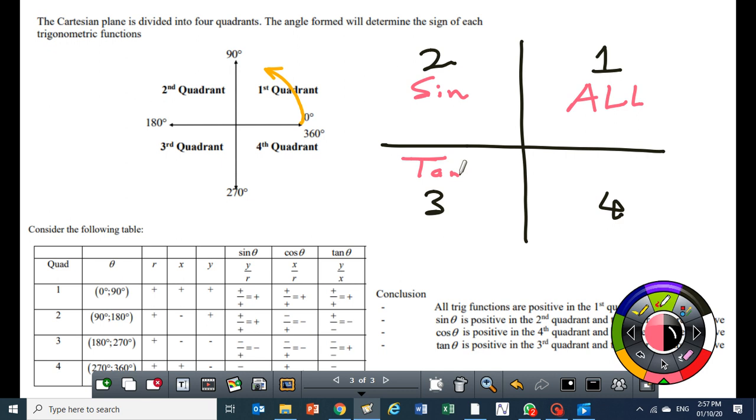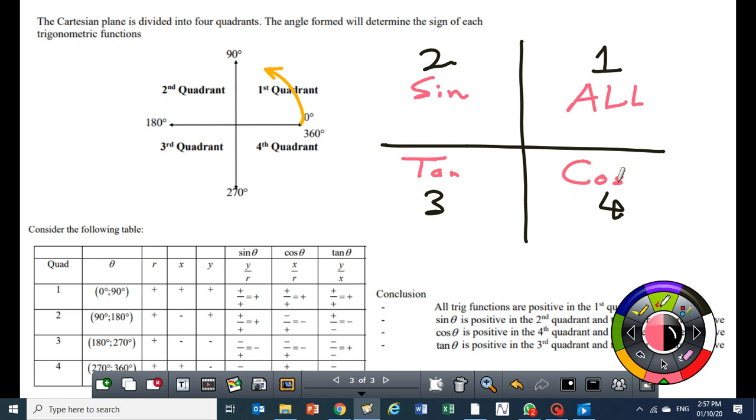So let's choose, say, 220. Sine 220 is negative. Cos 220 also negative. Tan 220 is positive.